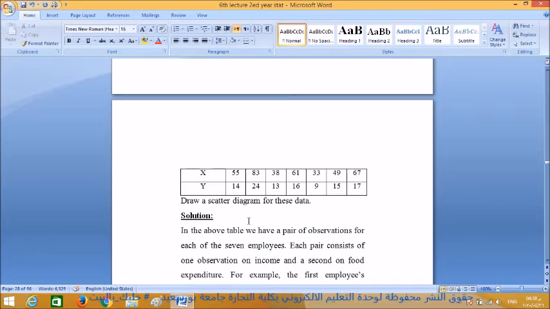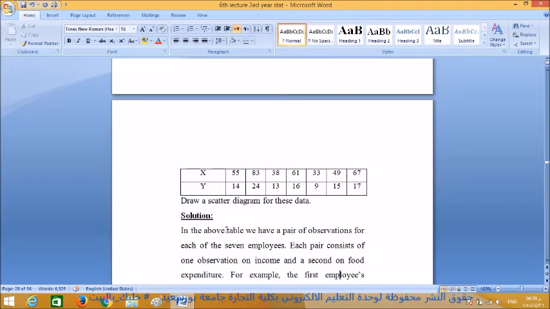Then denote x and y: the first point, when x equals 55 on the horizontal line, go up to the point when y equals 14. Then put the point here to represent the two values for x and y, and so on.